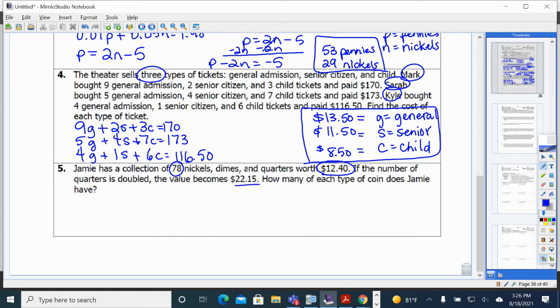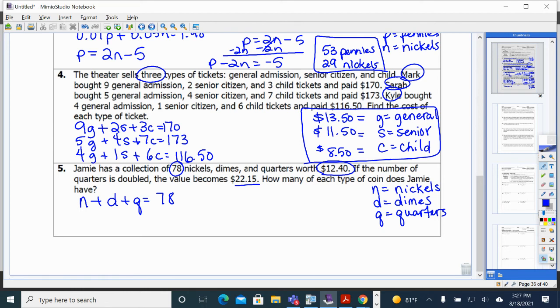But let's set this up. I'm going to use N for nickels, D for dimes, and Q for quarters. And the number of nickels plus the number of dimes plus the number of quarters is equal to 78, because I know I have 78 total coins.